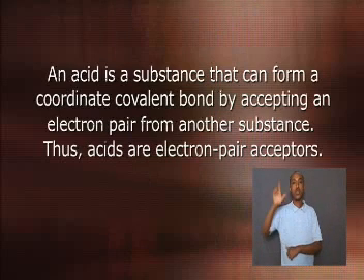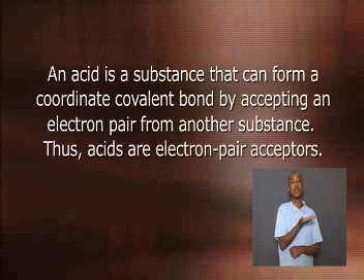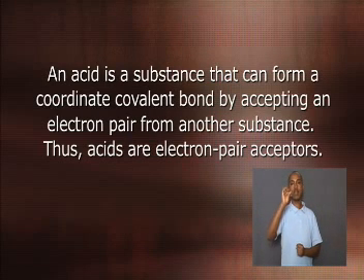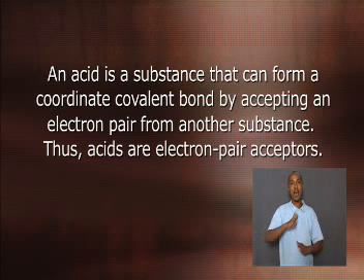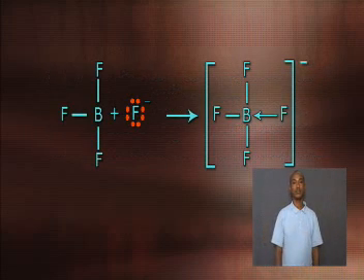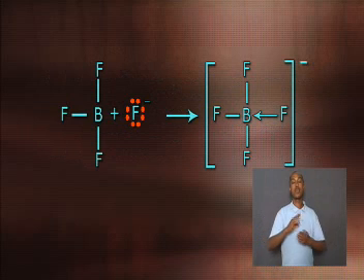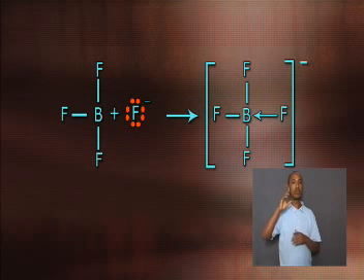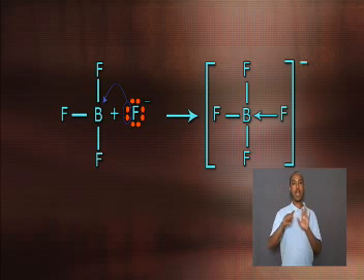According to Lewis, an acid is a substance that can form a coordinate covalent bond by accepting an electron pair from another substance. Thus, acids are electron pair acceptors. In this reaction between boron trifluoride and fluoride ion, boron trifluoride acts as a Lewis acid because it accepts a pair of electrons from fluoride ion.